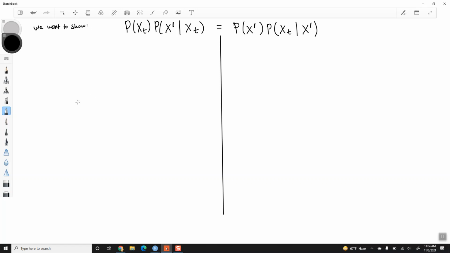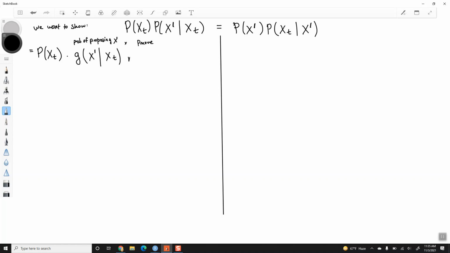Okay, so this over here is going to be the probability of xt, and this probability of going to x prime, given that we started at xt. First we have to propose using our proposal distribution, g of x prime given xt. So this is the probability of proposing, times basically p move.